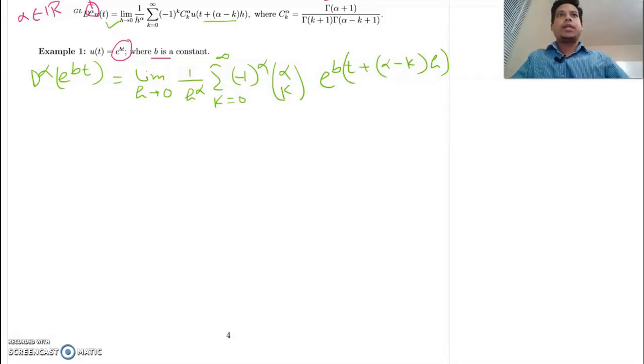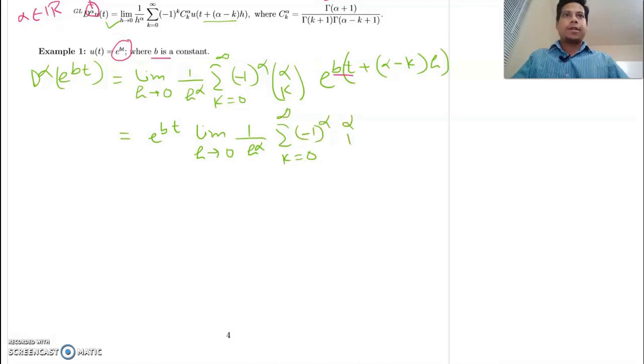Now we can take this exponential of bt outside the limit: exponential of bt times limit h goes to 0, 1 over h to the alpha, summation over k, 0 to infinity, minus 1 to the k, (alpha k), and here we are left with exponential of b times (alpha minus k) times h.